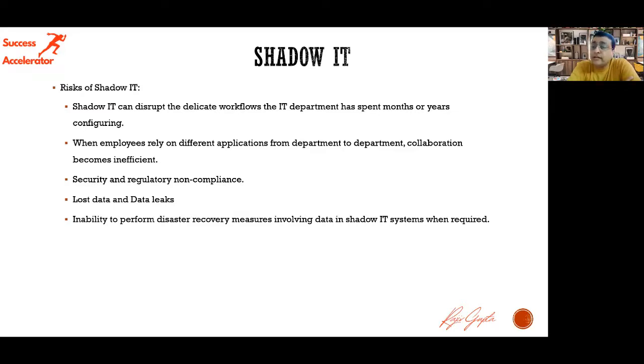And since there is no central repository of which tool which department is using, I may evaluate some other tool, some other software to create purchase order for finance department. And hence, what will happen? Requirement is one, which is to be more efficient in the purchase order process. But there are already two departments, two different solutions. And if that is the case, how the collaboration will happen, right? Because one department is using one tool for the task, another department is using another tool for the same task.